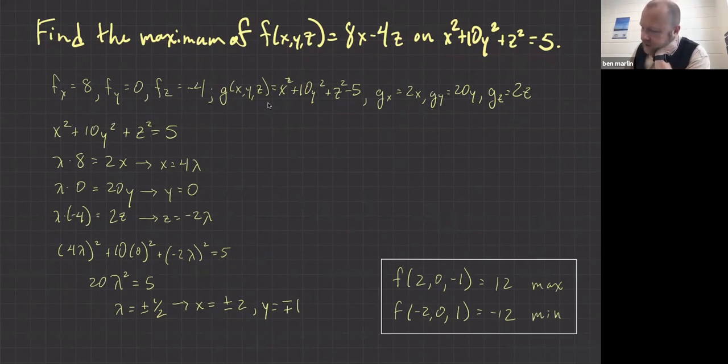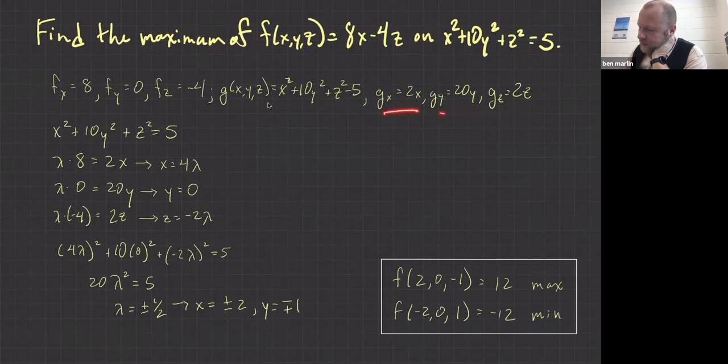Okay, so like before, take your partials. The f sub x is going to be 8, the f sub y is 0, the f sub z is -4. That suggests that this problem ought to be a lot easier, right? Your constraint is this guy here, and I keep saying to subtract 5 so that it agrees with how they do stuff in your textbook, but don't worry about it. Just leave the 5 over to the side, because as soon as we take the derivatives, the 5 just goes away, right?